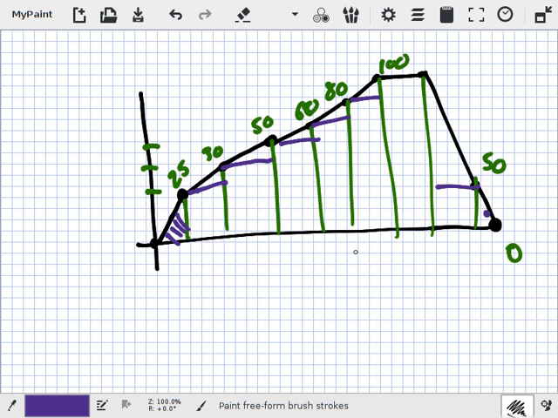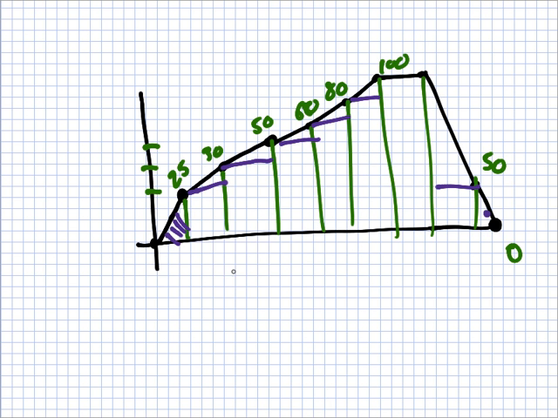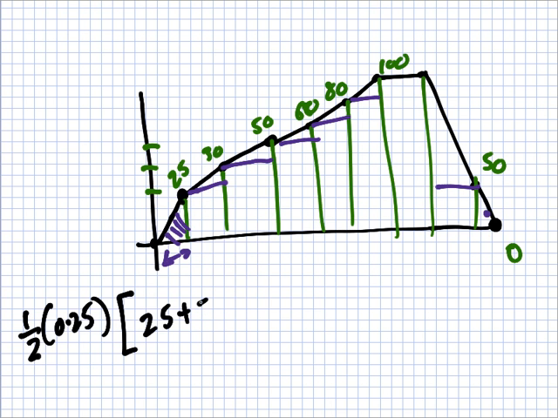What's nice here is all my bases are the same, aren't they? So if it's half the base by the height, plus half the base by the height, and all the bases are the same, then I can take that out. So it would just be half the base. What's the base here? 0.25 times the height. The heights of the triangles are 25, 5, 20, 10, 20, 20, 50, 50.